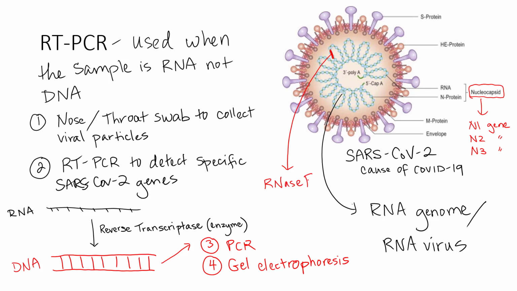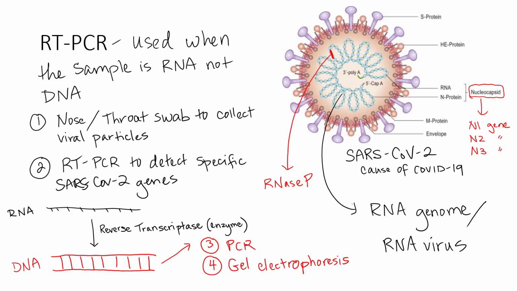It's called RNase P. So they are detecting these different genes by PCR and then by gel electrophoresis. But this is something that takes a couple of days, a minimum of about 2 days really, to do in a laboratory to get that information.